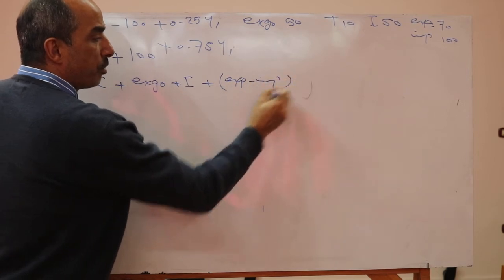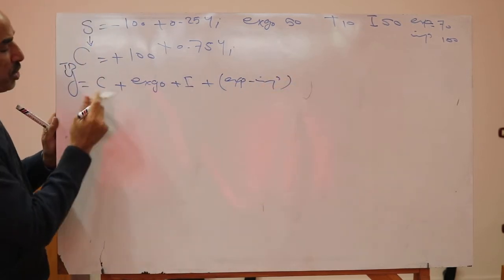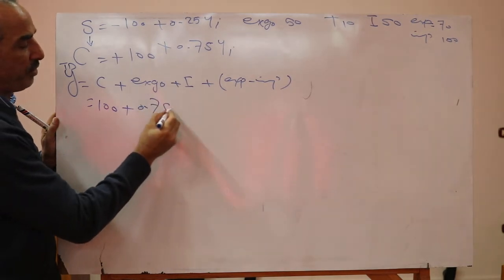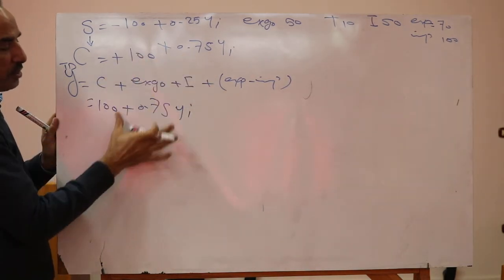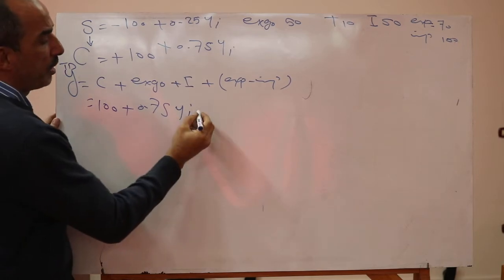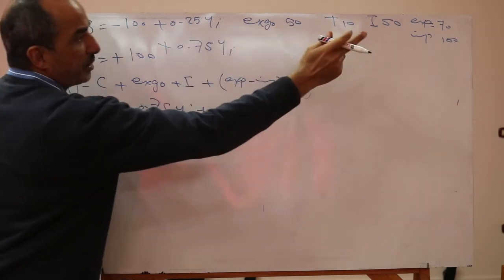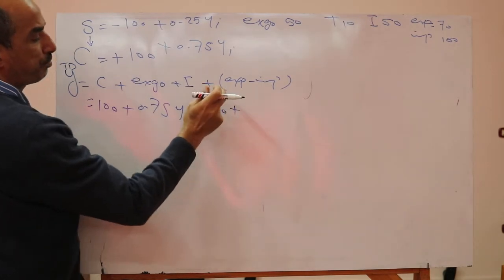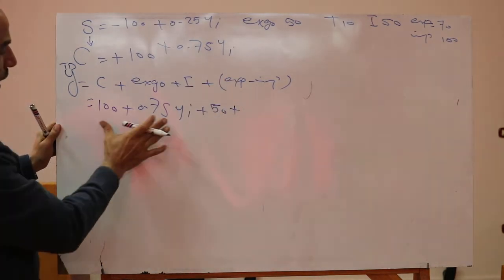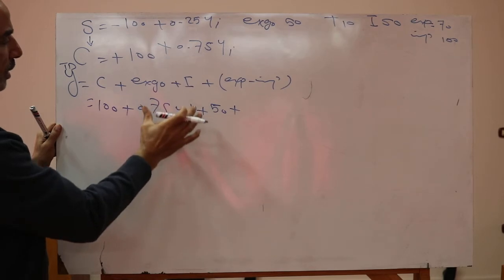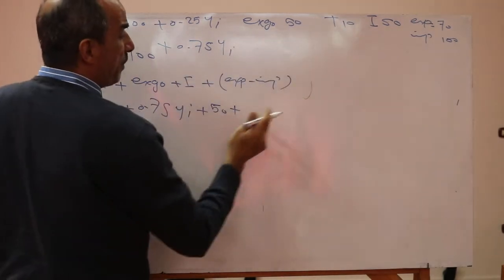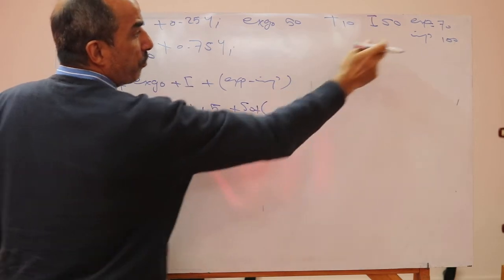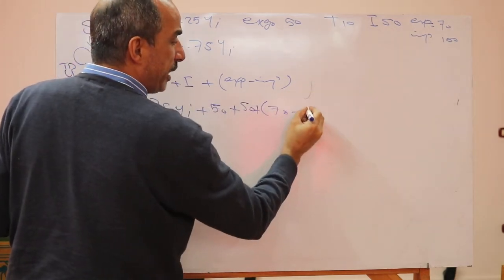minus import. The consumption function equals 100 plus 0.75 YI. Okay, this is the consumption function, plus government expenditure 50, plus investment, and export 70 minus import.